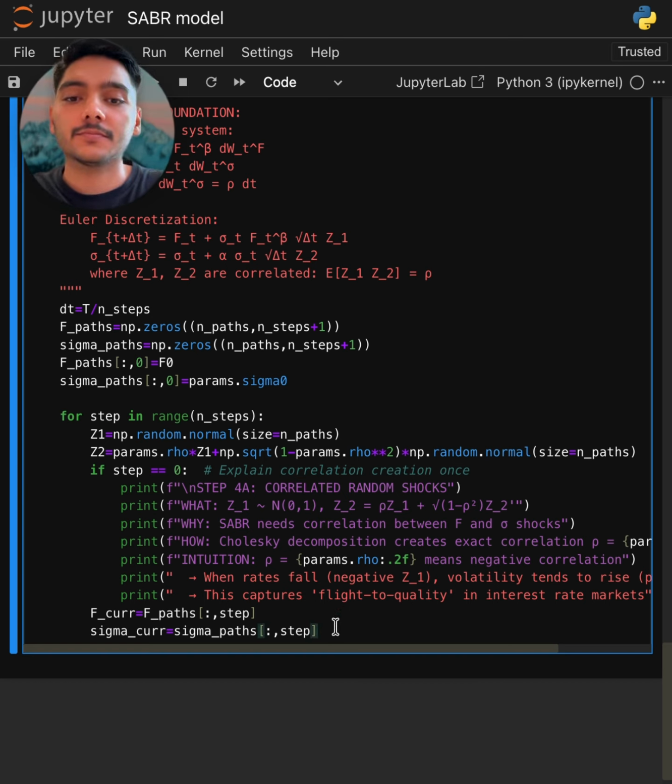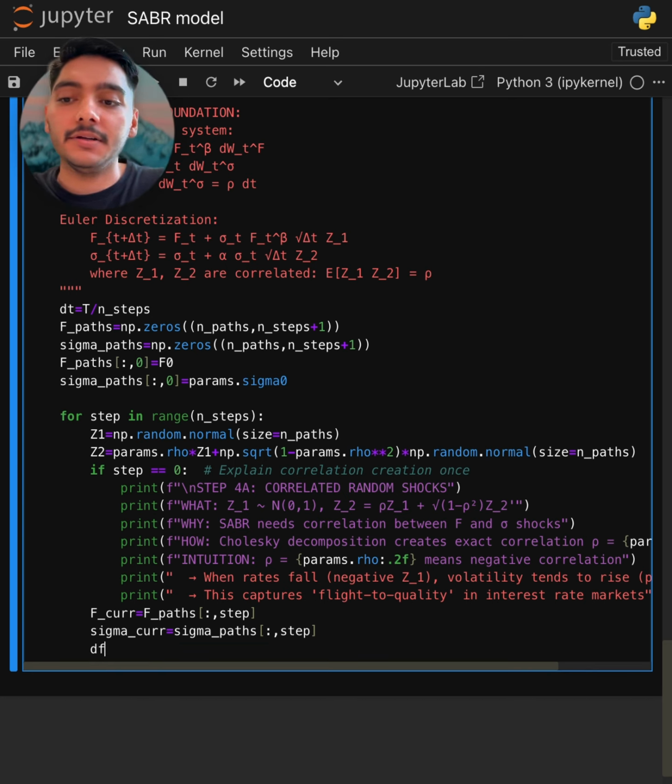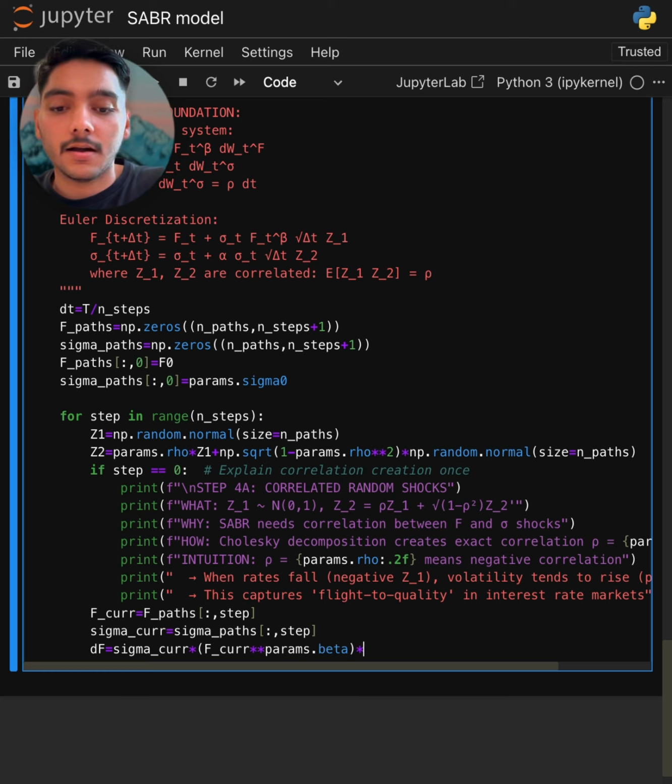So let me use that, and it will be df is equal to sigma_current times f_current to the power beta, times np.sqrt(dt) times z1.